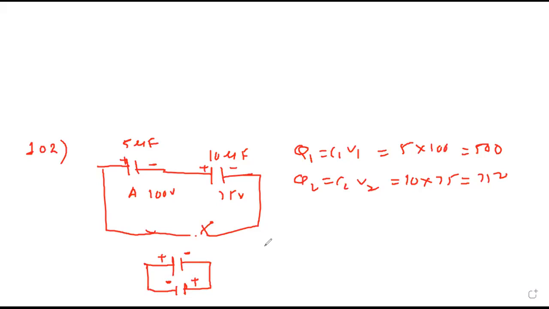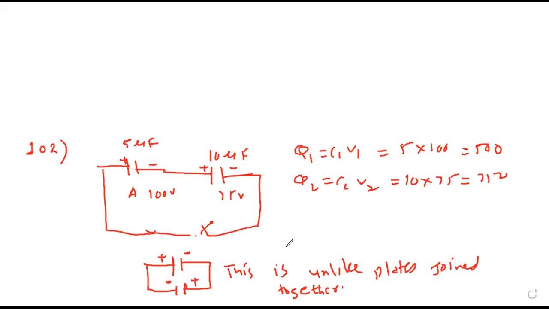How is it behaving? Unlike plates are joined together, as we see from the diagram. What will be the charge on A and B after the key is closed? Initial charges were Q1, Q2. What is the charge after that?